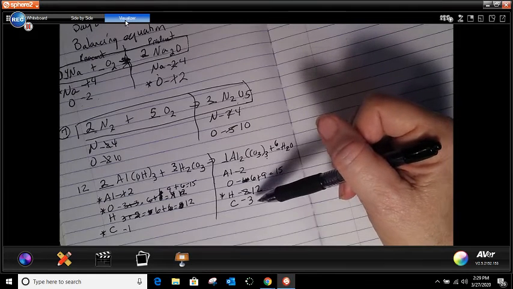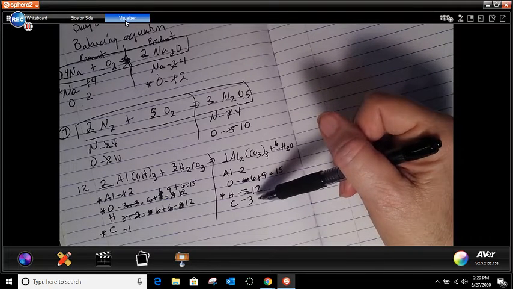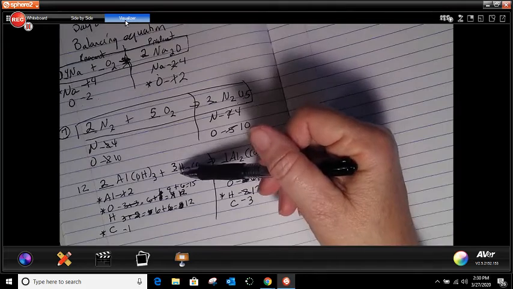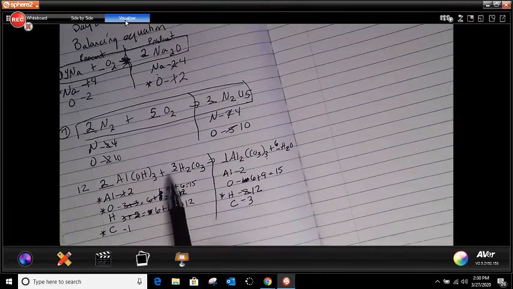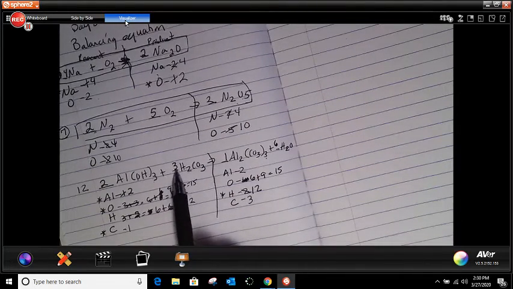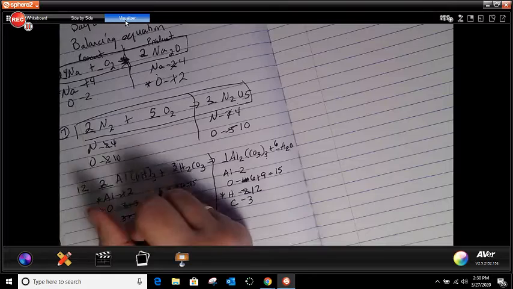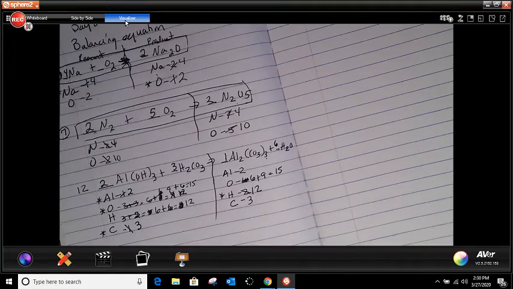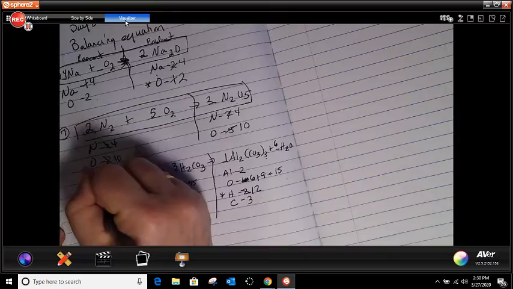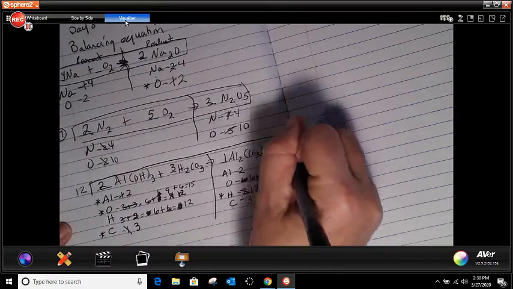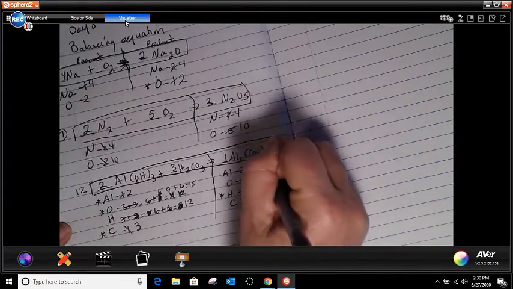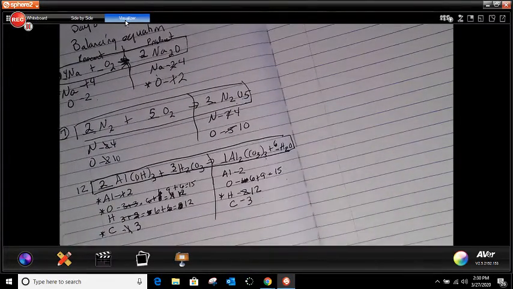So I'm having a problem because over here, oh, here's my mistake. Look at here. I did the 3 here, but I never changed my carbons. 2, 15, 12, and 3. There is my answer. And now I am done.